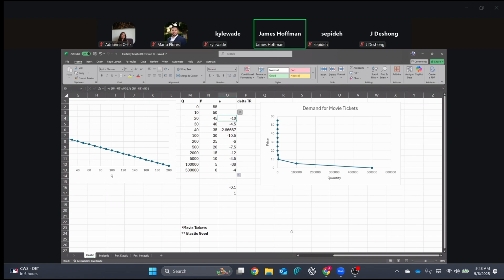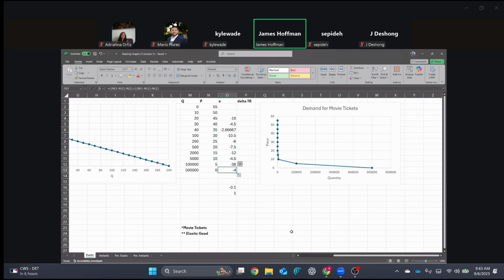And what you can see, I made this up, so each time we go from a price of 50 to 45, a price of 45 to 40, I've illustrated that the change in quantity percent is always bigger than the change in price. So demand is always elastic for this bit, right?